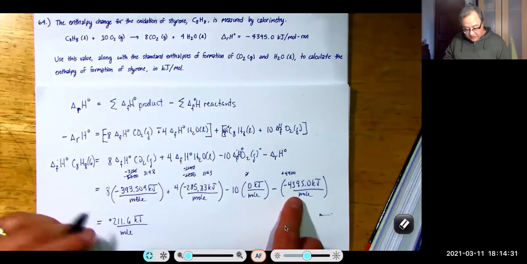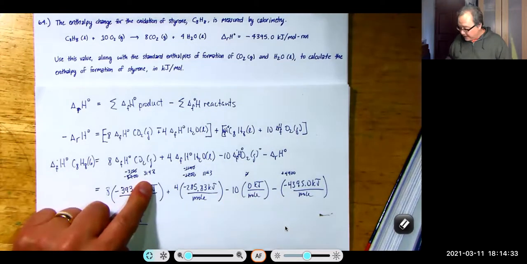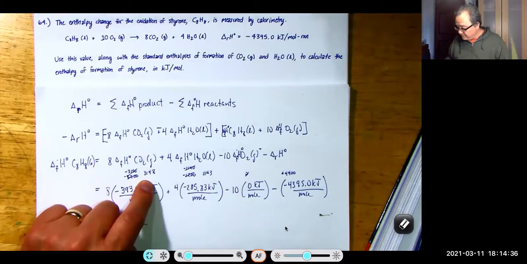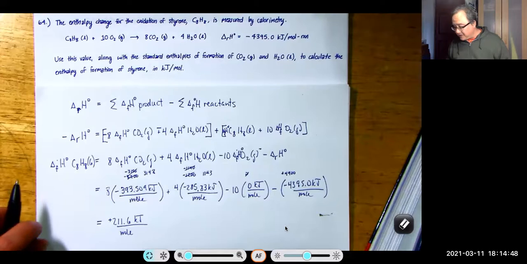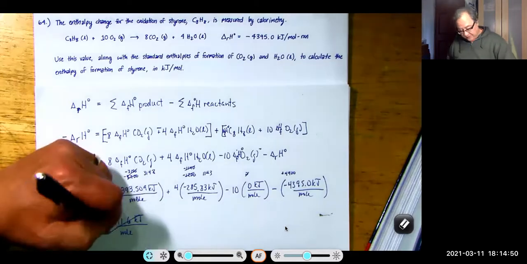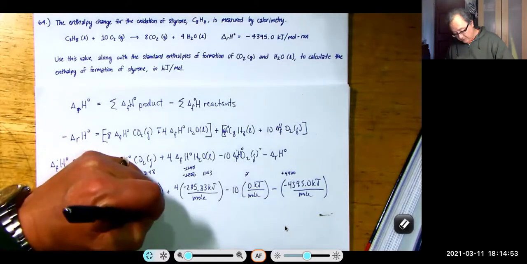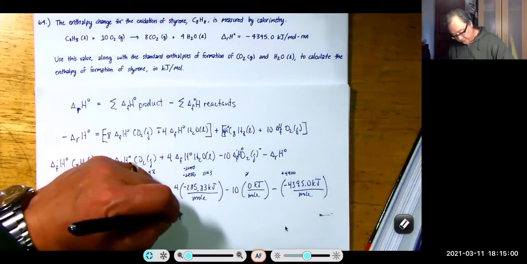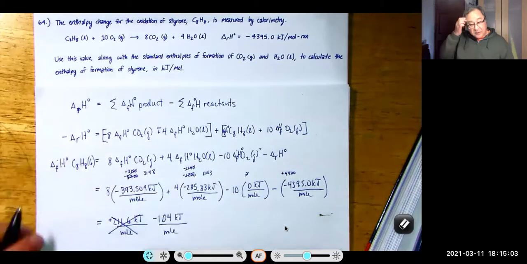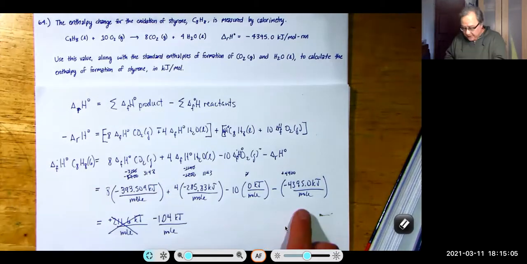And when we add these all up together, so 3148 and then I subtract 4395.0, so this time I get negative 104 kilojoules per mole.